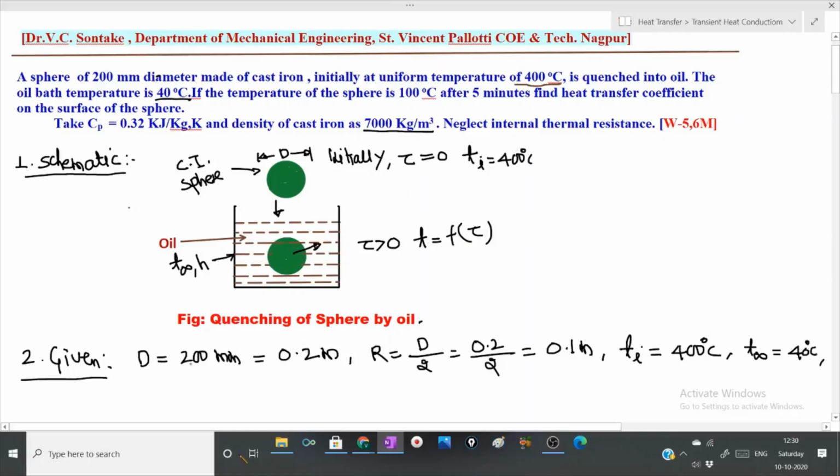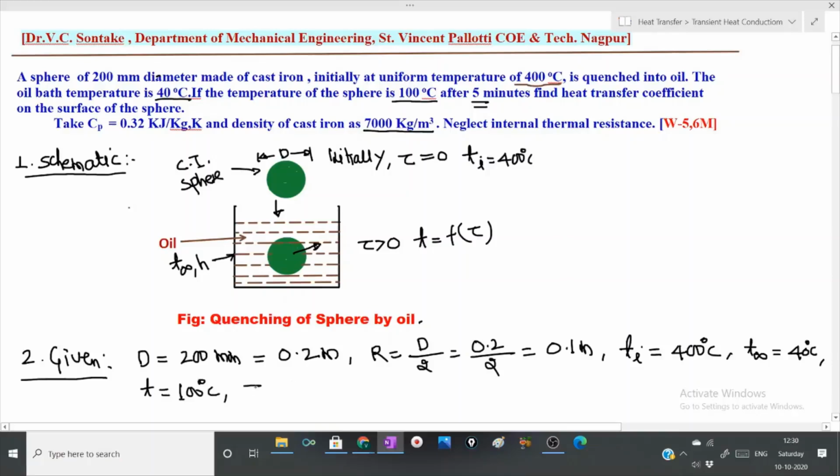If the temperature of the sphere is 100 degrees Celsius after 5 minutes, now what is this actually? We have dipped this sphere into this oil bath, and after 5 minutes, that is tau is equal to 5 minutes, its temperature was found as 100 degrees Celsius. So that is the final temperature T, 100 degrees Celsius.